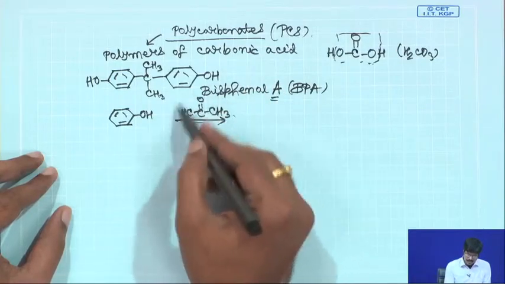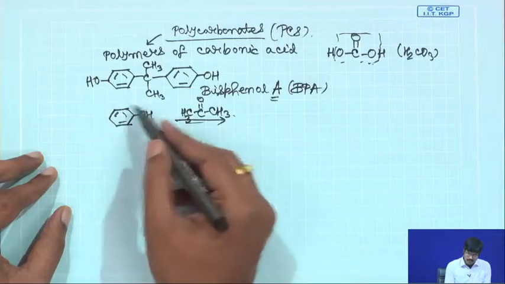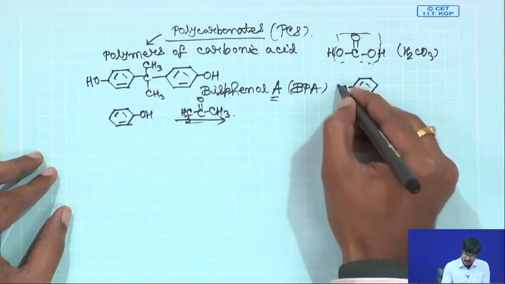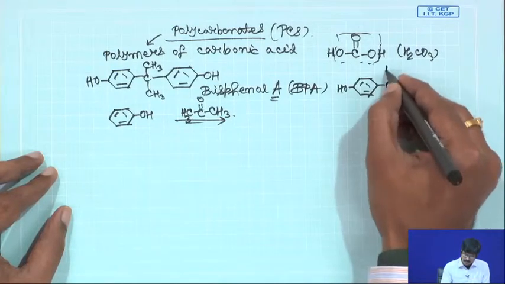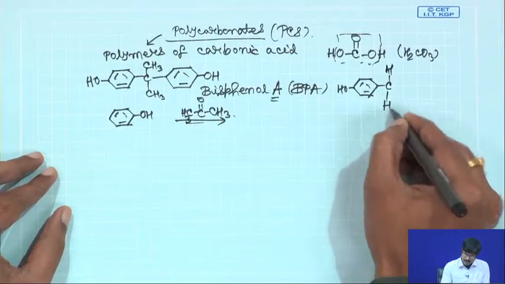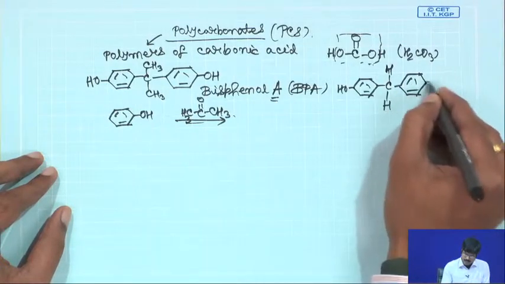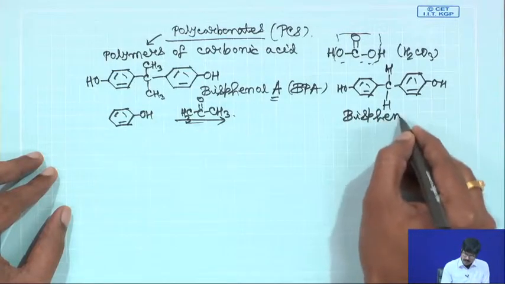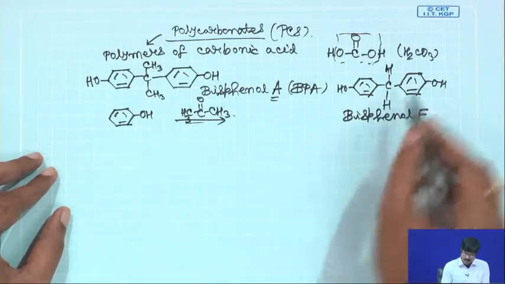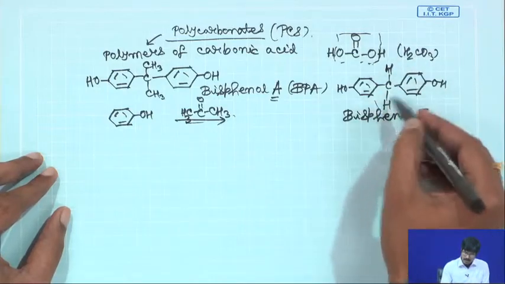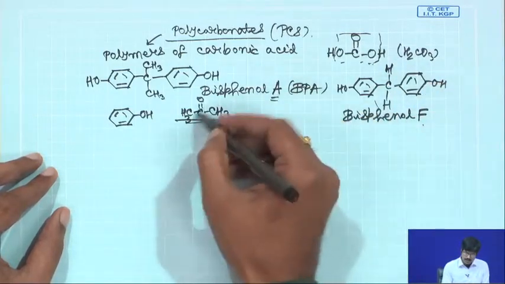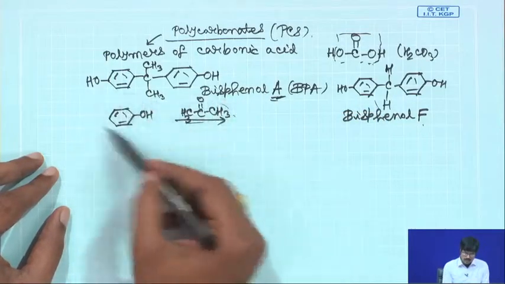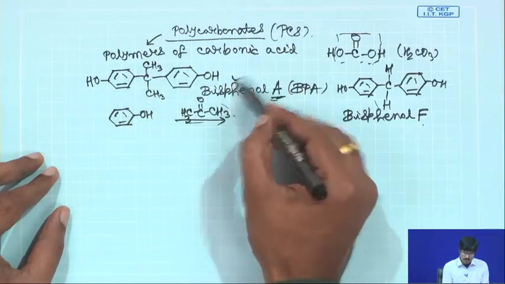So, if you are instead reacting formaldehyde with phenol, then what you will get is this compound, and that is bisphenol F. So, going by what component you are using. If it is formaldehyde, it is F, if it is acetone, it is A, so on and so forth. So, one molecule of acetone will react with two molecules of phenol to produce your bisphenol A.